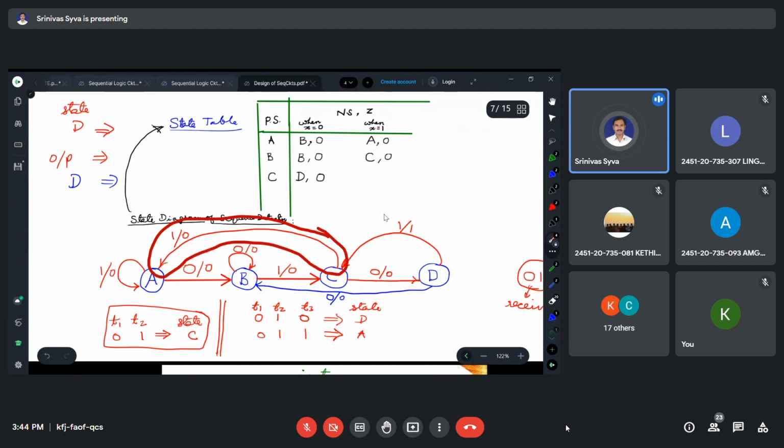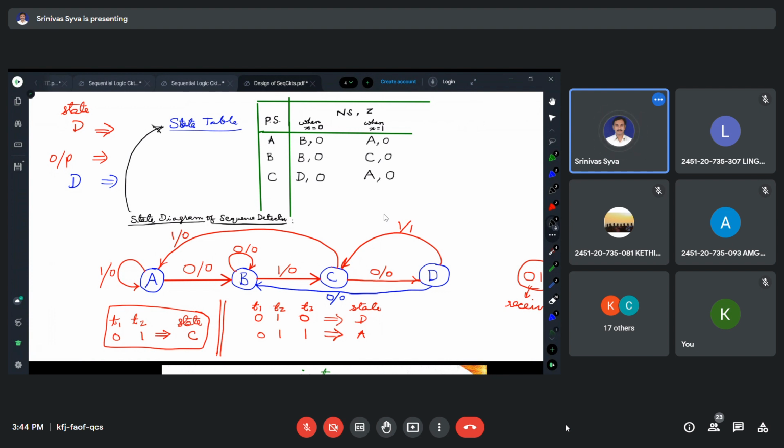During state C, if we receive 1, the machine makes the transition from C to A and the output is maintained at 0 because the expected pattern has not been received. So I will put here, the next state will be A. So output is 0.